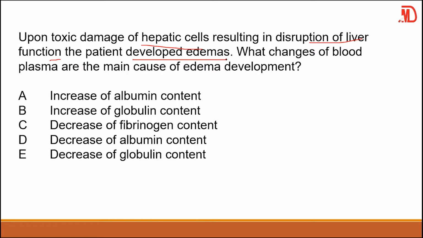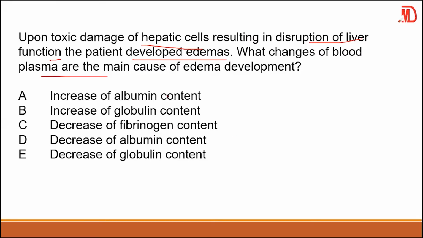But look at it. If you're having a disruption of the liver function, now there's a development of edema. What changes of blood plasma are the main changes of edema formation? All right.